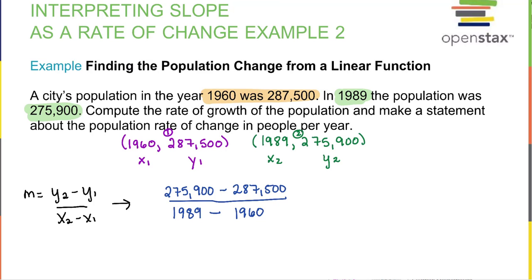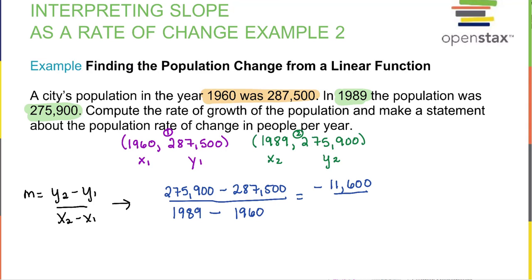So we have 275,900 minus 287,500. When we subtract that, we get a negative number, negative 11,600.